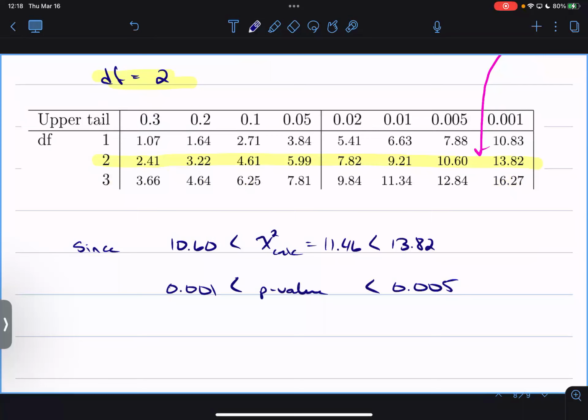That's the p-value approach. I forgot the dash there.